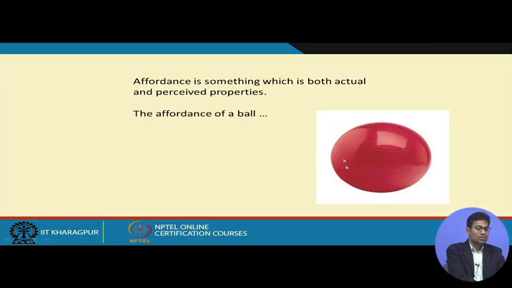These are the actual properties that you get. The other is the perceived property. You know that if the ball is thrown, probably it will bounce back. This is something you are imagining, assuming as a perception. Finally, you arrive at the affordance of this particular object, and that will relate to its operation.